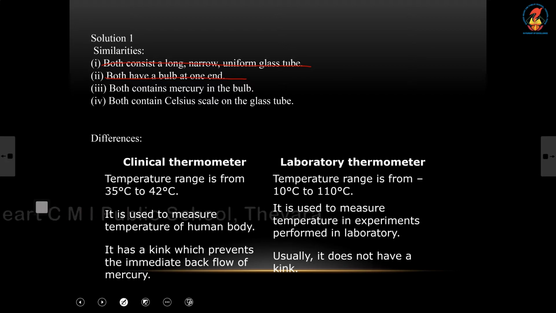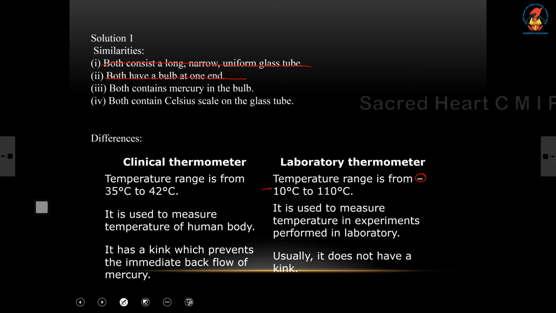Now the difference we will write. For clinical, temperature ranges from 35 to 42 degrees. For laboratory, it's minus 10 to 110 degrees Celsius. The clinical thermometer is used to measure the temperature of the human body.